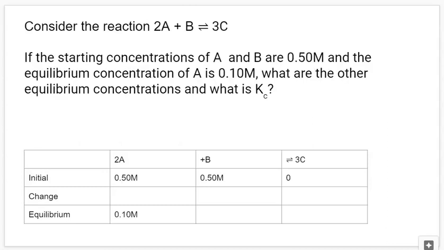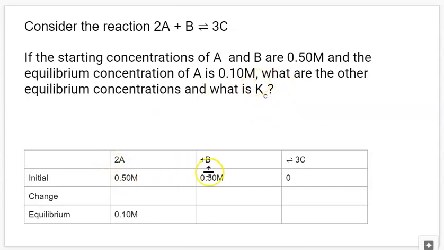So let's look at a specific problem involving this reaction. Say the starting concentrations of A and B are 0.5 molar, and the equilibrium concentration of A is 0.1 molar. What are the other equilibrium concentrations, and what is the equilibrium constant?